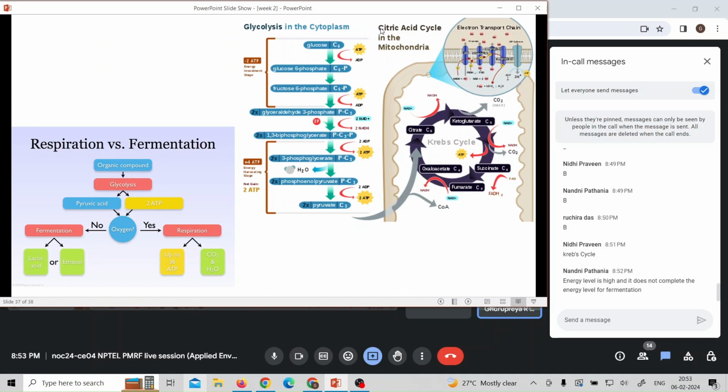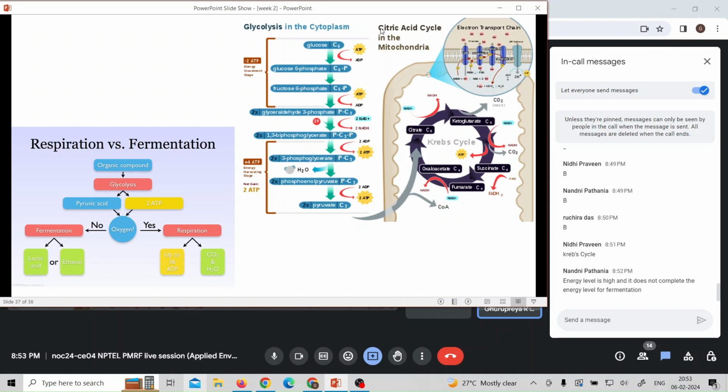Here you can see this coenzyme NADH that catalyzes the reaction, and this also helps in energy generation. Once glycolysis is done in respiration, you go to another step called the Krebs cycle, or the TCA cycle, or the tricarboxylic acid cycle.